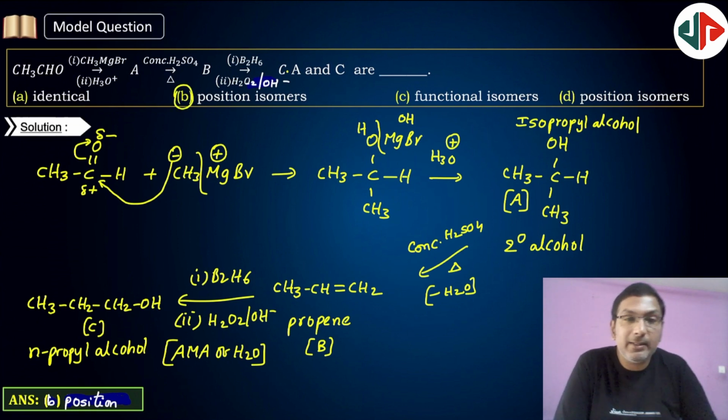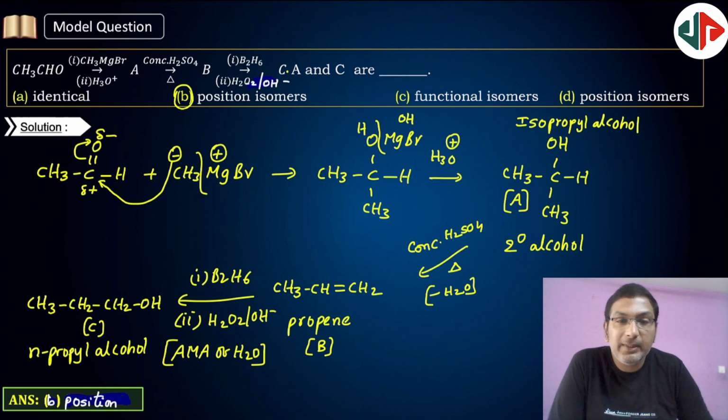Check once. Acetaldehyde first reacts with Grignard's reagent to give an intermediate compound, which on hydrolysis gives isopropyl alcohol, a secondary alcohol. On treatment with concentrated H2SO4, dehydration gives propene.